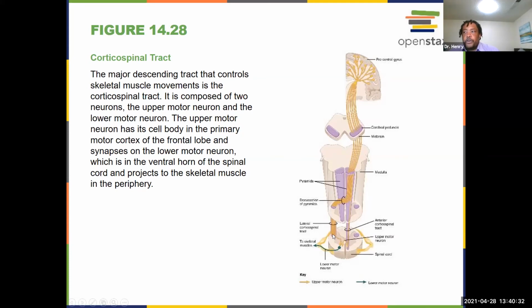These upper motor neurons are going to extend all the way from the point of connection in the spine. Their cell body is going to be located in the frontal lobe.